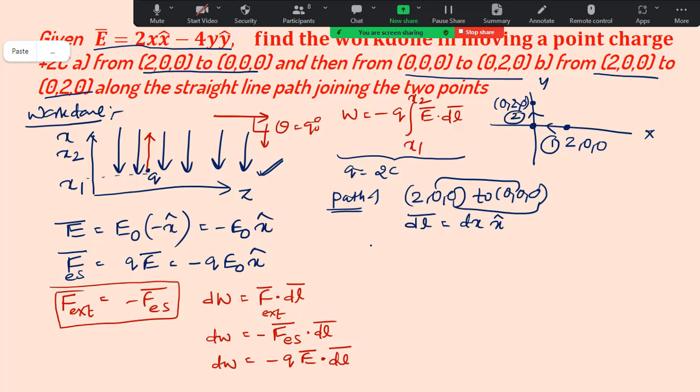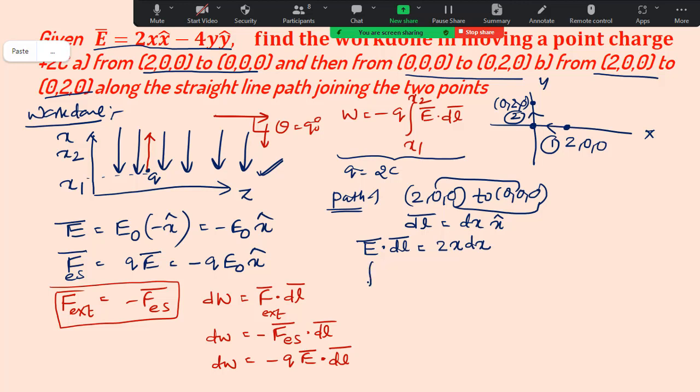Then immediately you can calculate E bar dot dl bar. E bar has an x component and a y component, but dl bar has only an x component. So the dot product will give 2x dx, since x cap dot x cap is 1 and y cap dot x cap is 0. Then we have to do the integral of this.